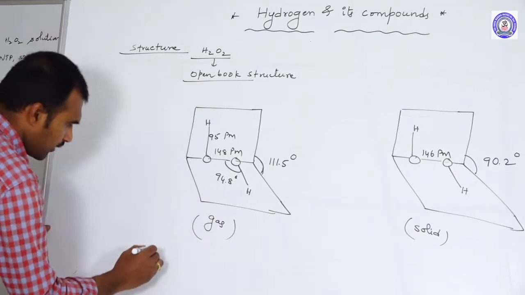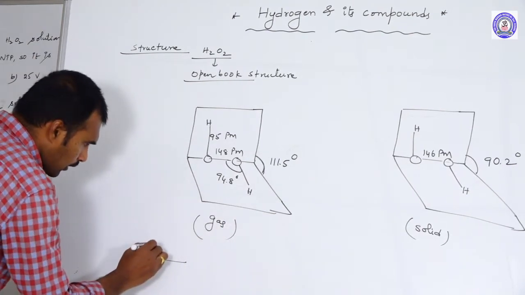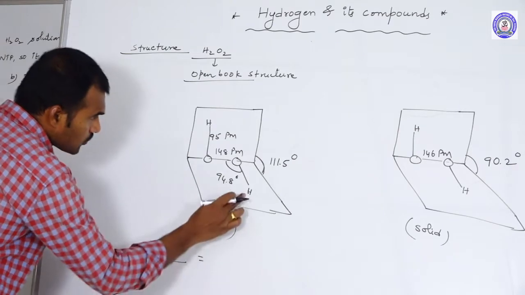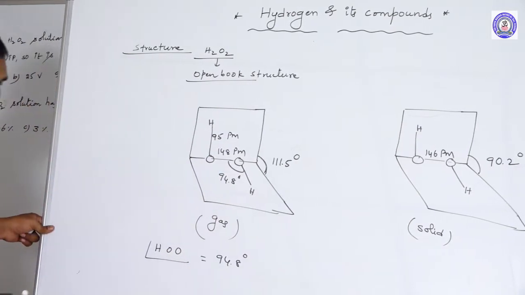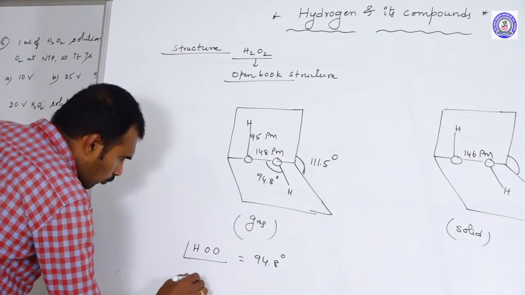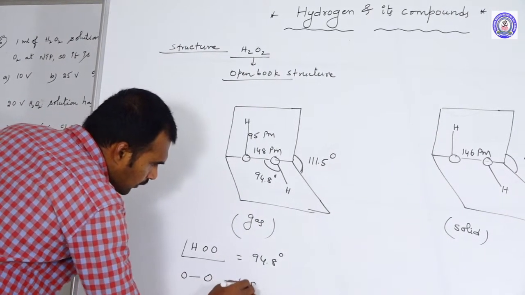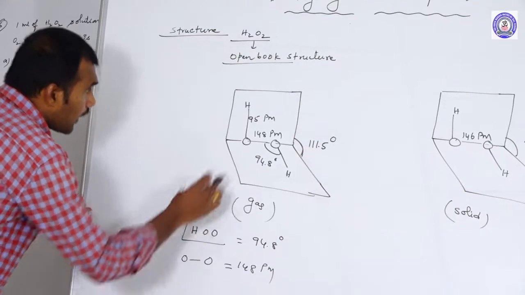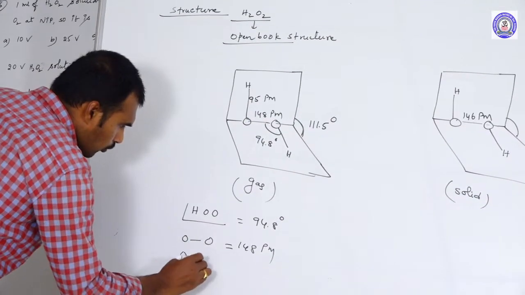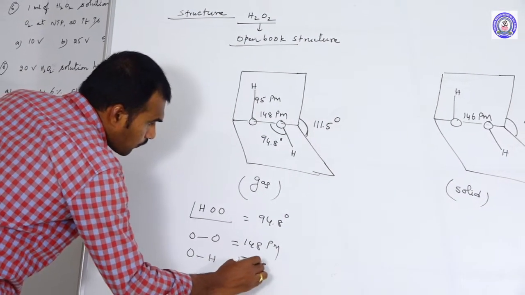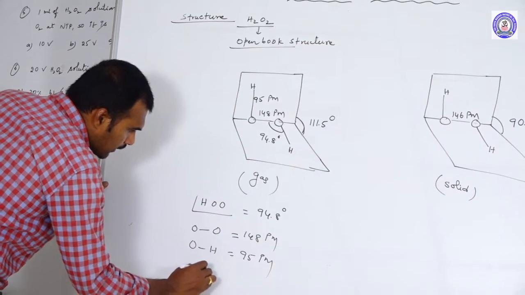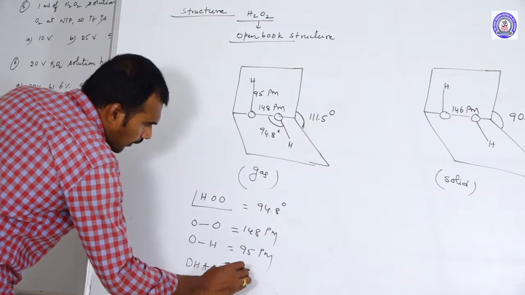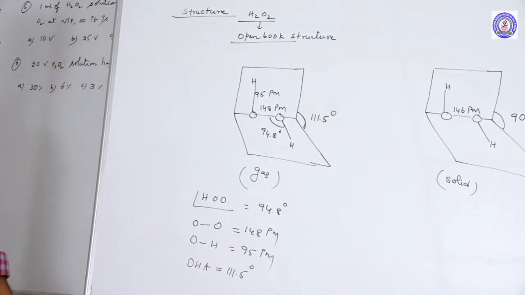Here I am writing the HOO bond angle, 94.8 degrees, and OO bond length is 148 picometers, and OH bond length is 95 picometers, and the dihedral angle is 111.5 degrees. This is about the gas phase.